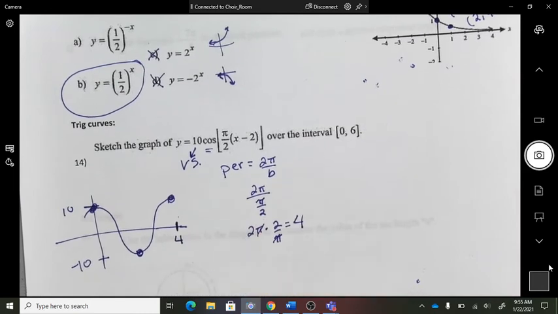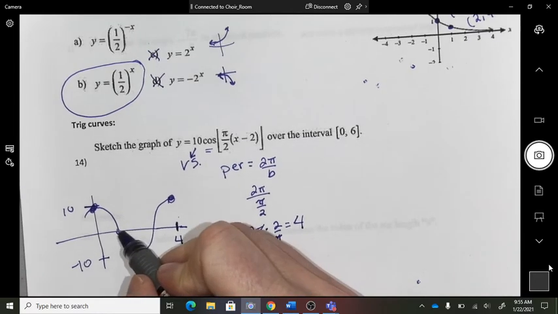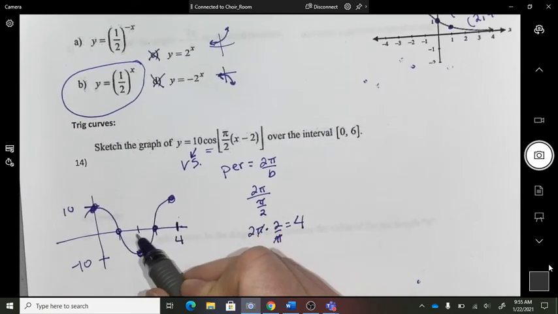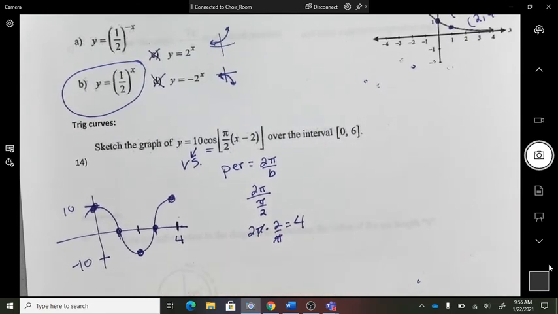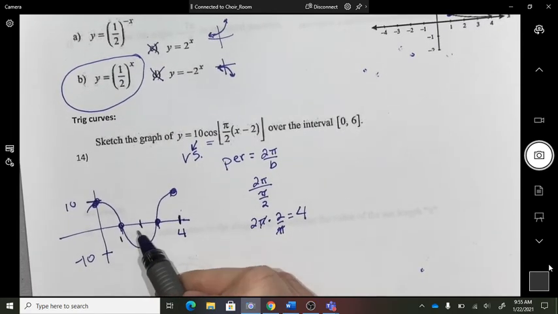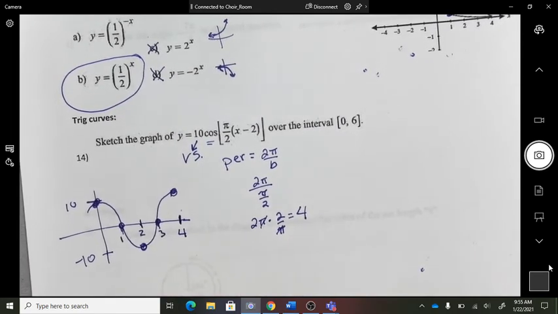So that means the end of a complete cycle has an x value of 4. Okay, that helps you with other x coordinates. This is 1, 2, 3, and 4 now.